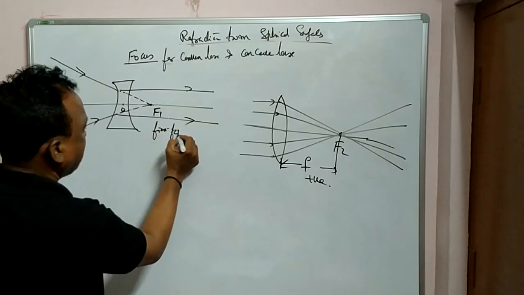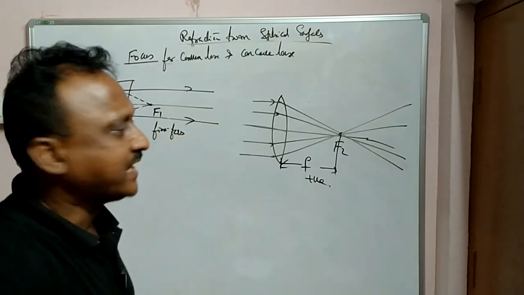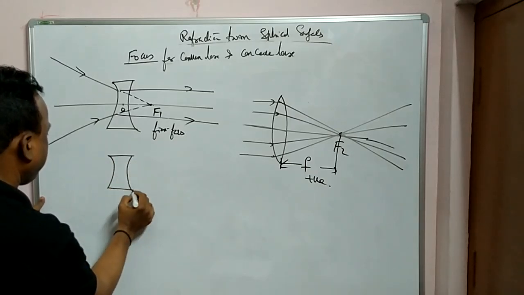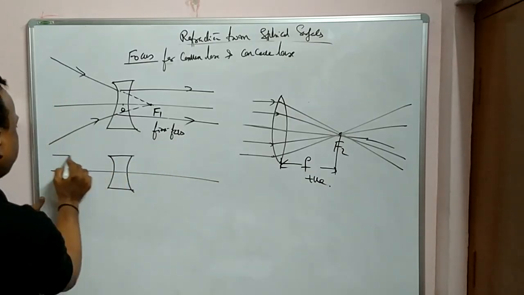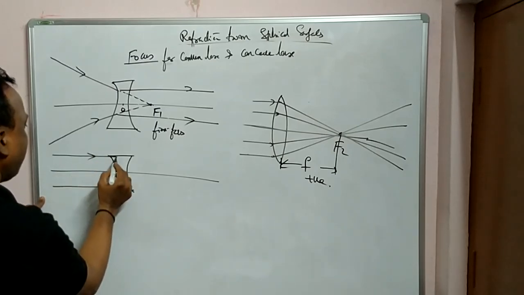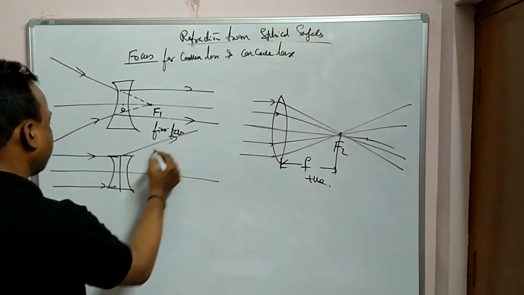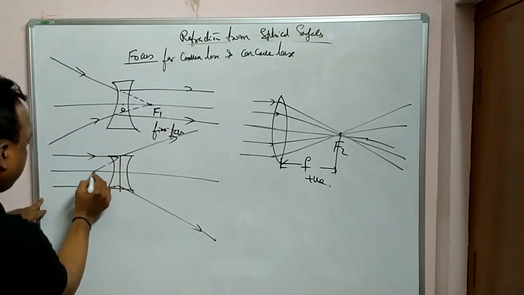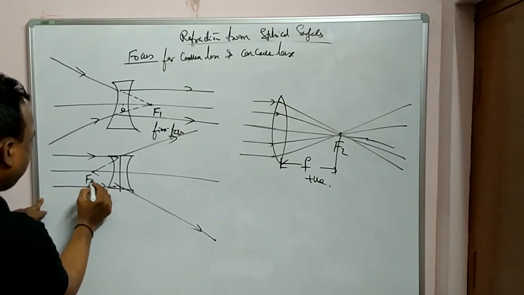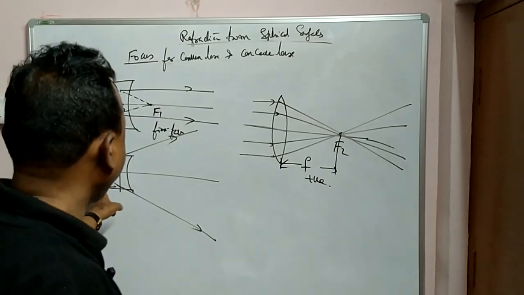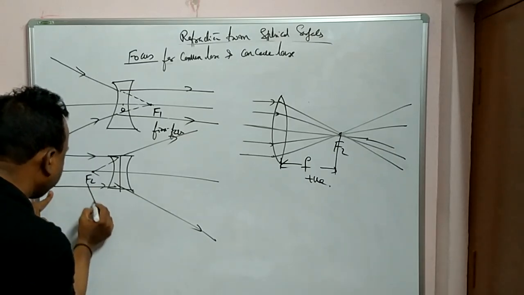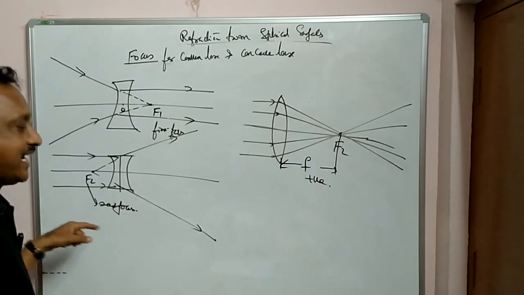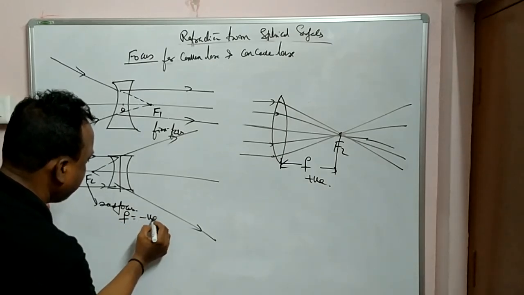This is called as first focus in concave lens. అదే విధంగా if suppose the parallel light rays are coming like this, after meeting it diverges, and these diverging rays never meet, therefore extend. So this is second focus. Not only that, the second focus for concave is a what? Negative. Focus is negative or focal length.